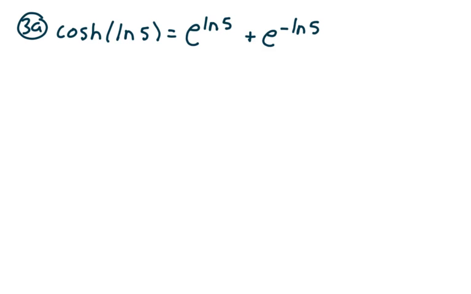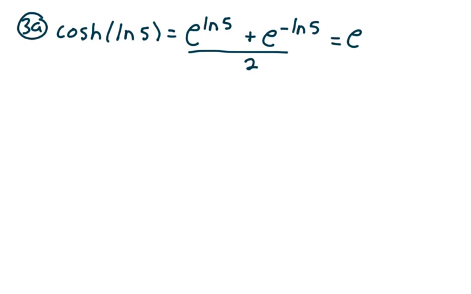3a, suppose I want cosh of natural log of 5. But that's e to the natural log of 5 plus e to the negative natural log of 5 divided by 2.